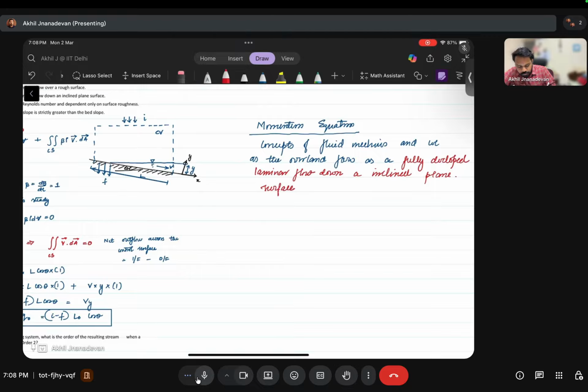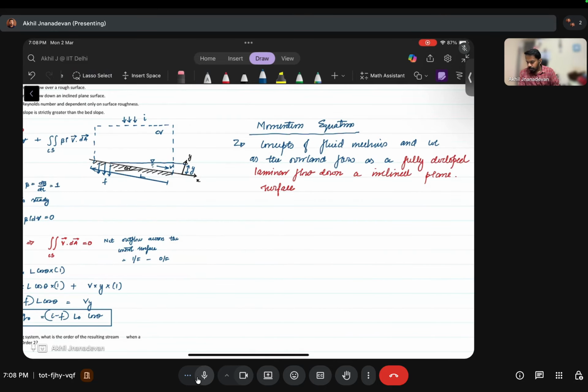So for the momentum equation, the assumption is that we take it as a fully developed laminar flow down an inclined surface. So that is the assumption. We are taking the overland flow as a fully developed laminar flow.